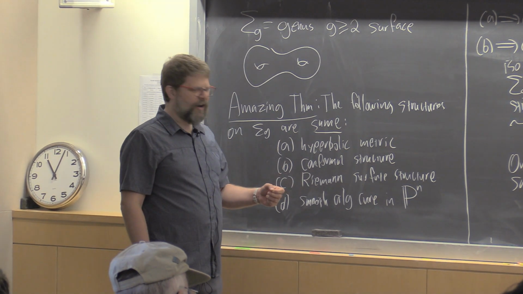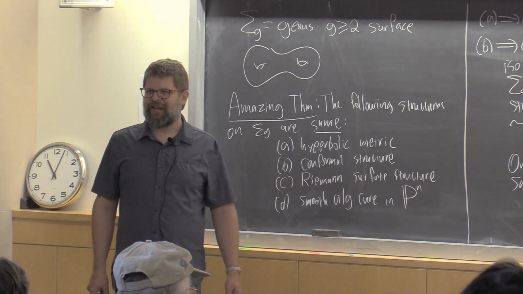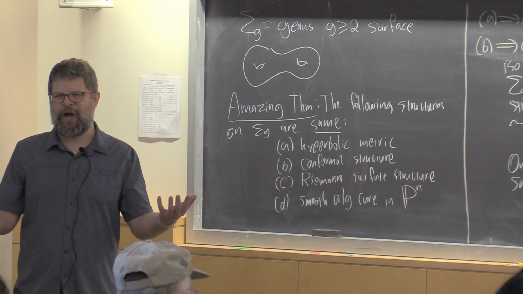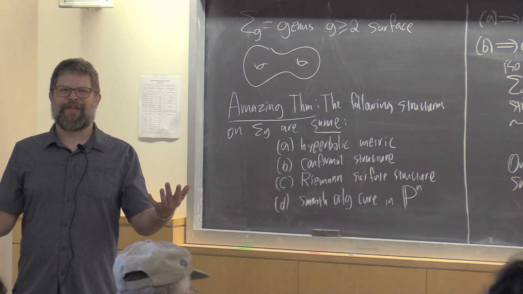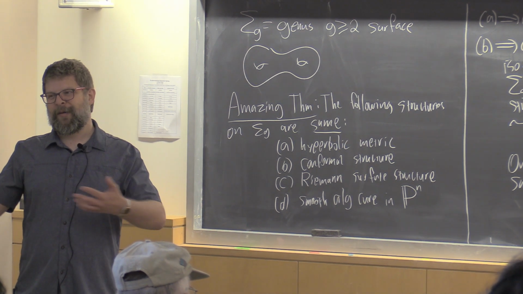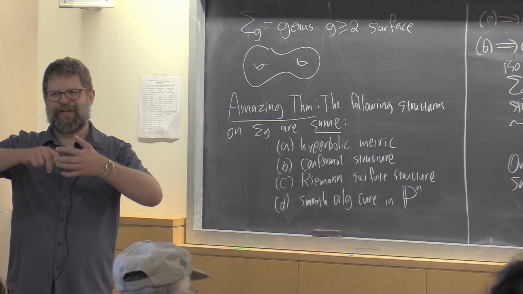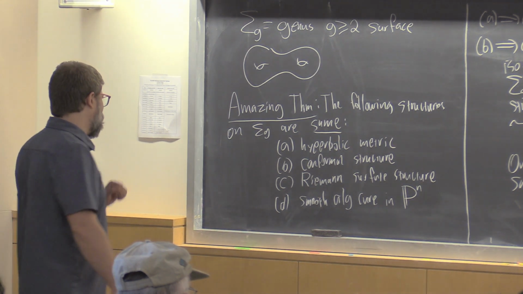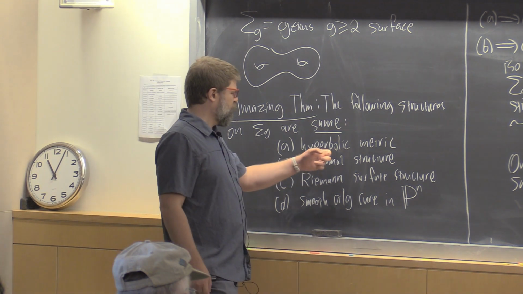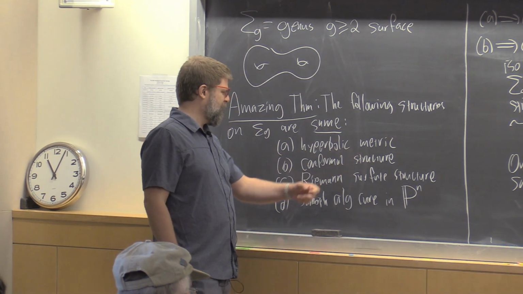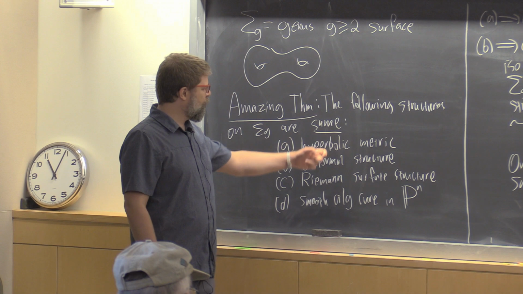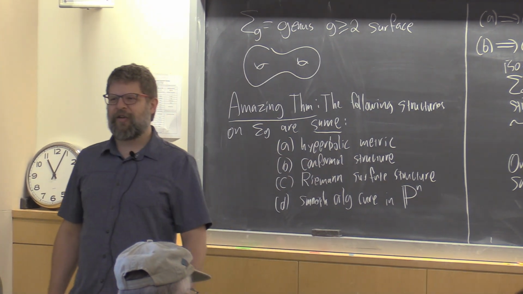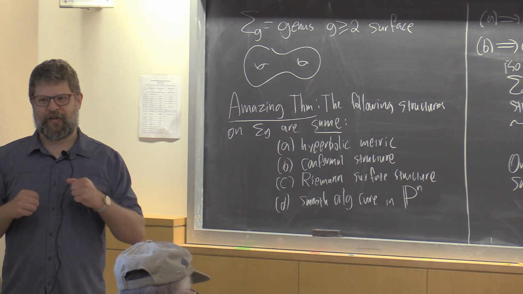But you can take some local perturbation of the metric and then just go back to the conformal structure. So these are easy to deform. These are easy to deform. It's a little harder to deform either of these two, but it can be done. We want to understand the space of all such objects.